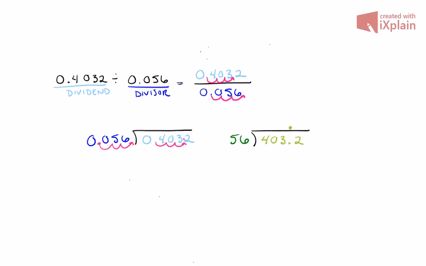I already know where my decimal point is going to go. Okay, so again, when you're working, just have your decimal float directly above it. Keep it in line. Okay, so here we go. I need to figure out how to divide 403 and 2/10 by 56.